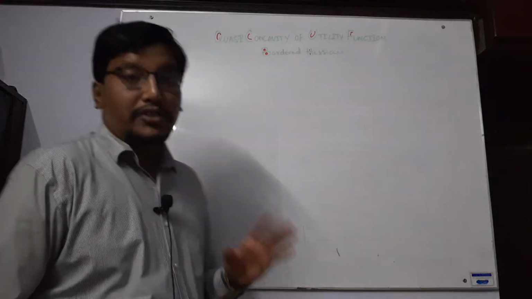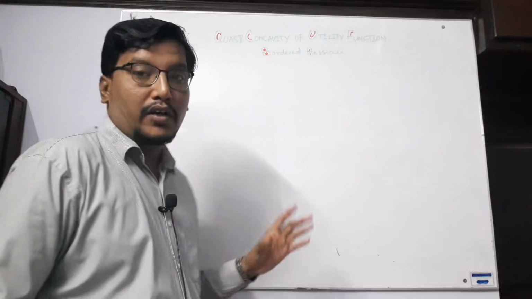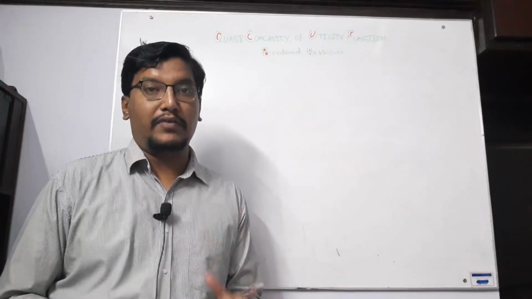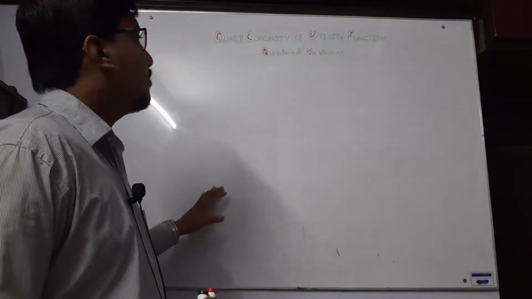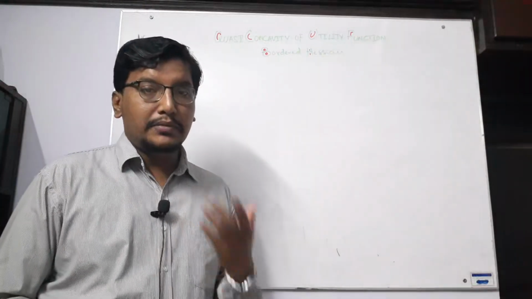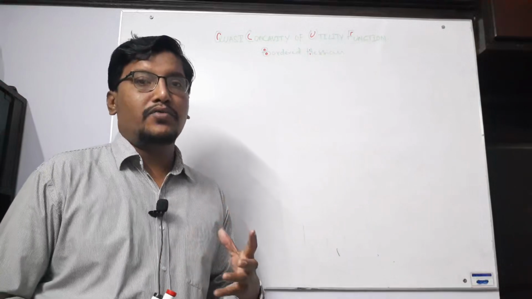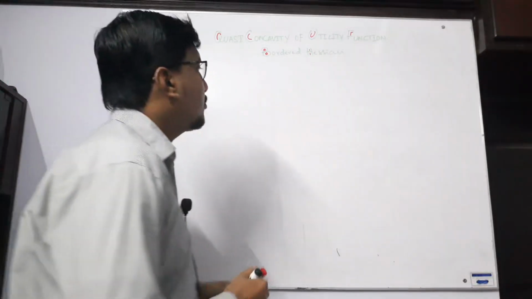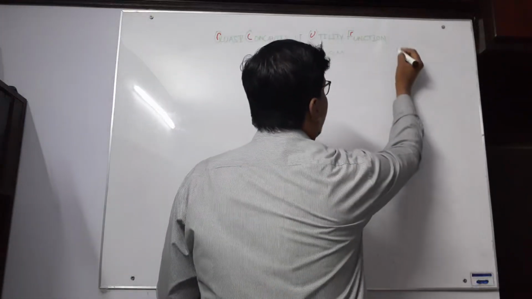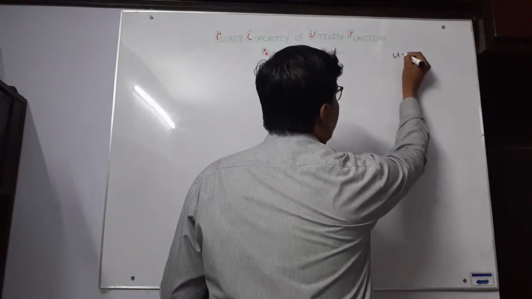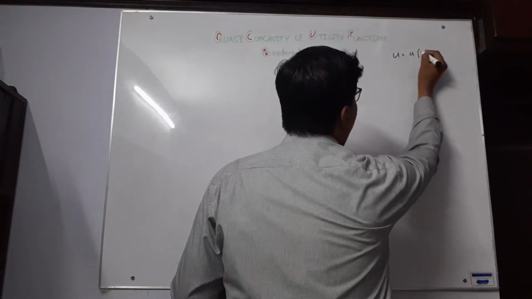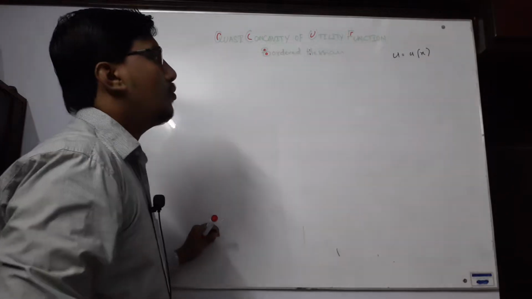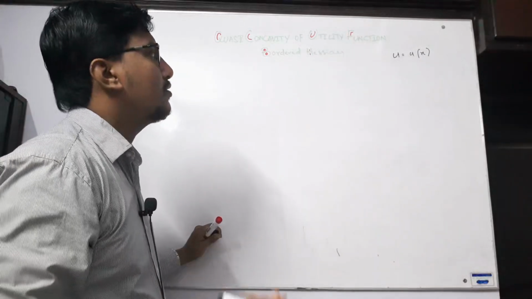So for checking the quasi concavity of the function, whether our utility function is quasi concave or not, we can use different techniques. As we saw, if our utility function depends on a single variable, let's suppose the utility function of x, only one commodity, we can use a simple derivative approach.